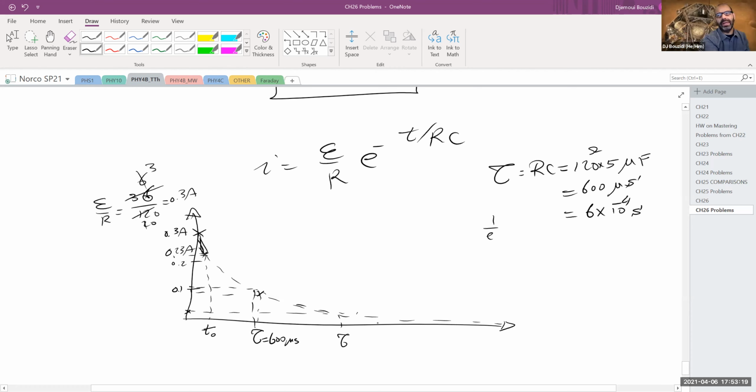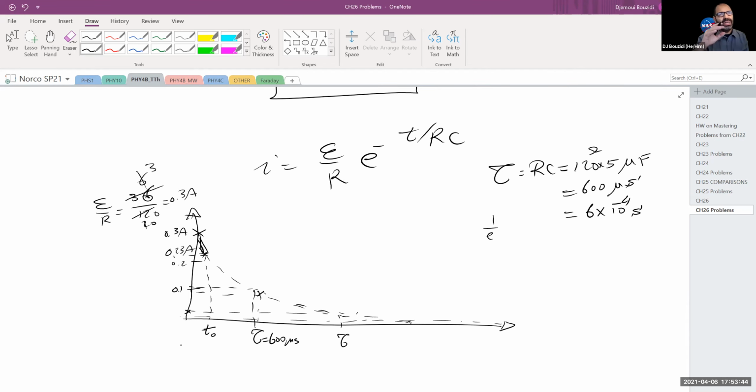So we're going to be here. If I wait 3 tau, it's going to be 1 over 30th. So we're looking at somewhere in here, and so on and so forth. Because this is an exponential decay, it's clear that this time should be, at least through the graph, less than tau. We did not wait 600 microseconds to reach that voltage.